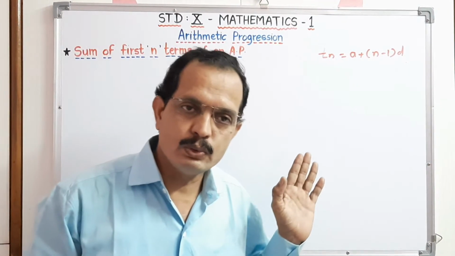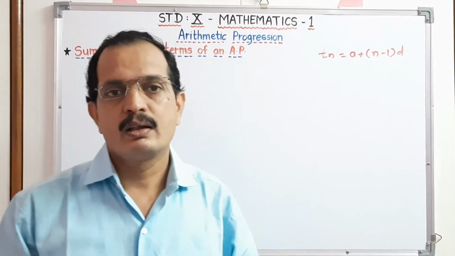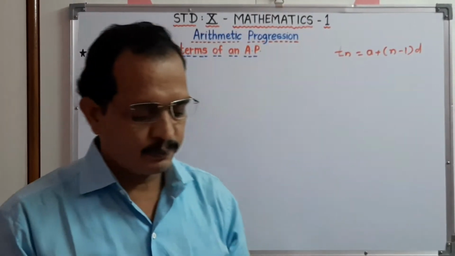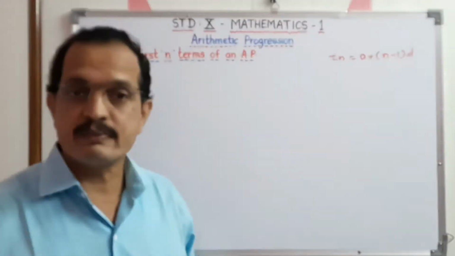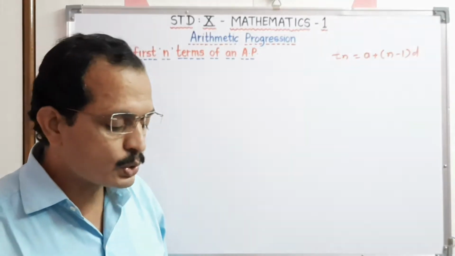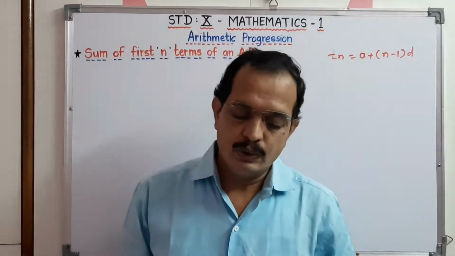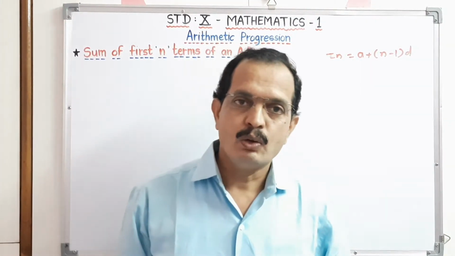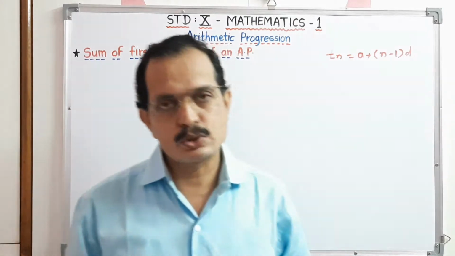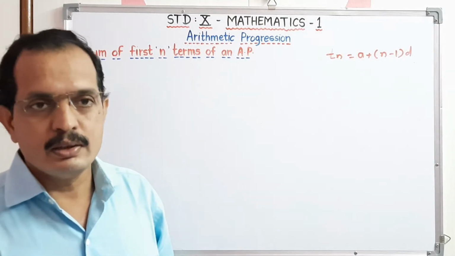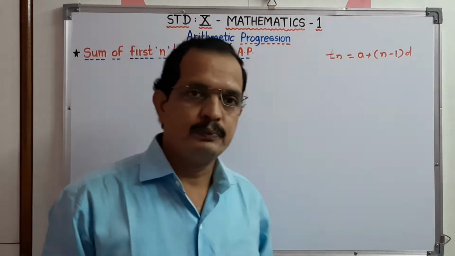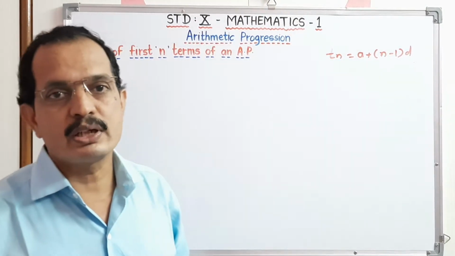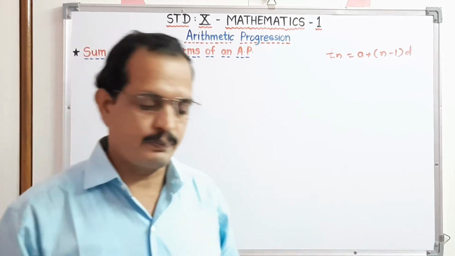Before going to that formula, in your textbook on page number 67, one story of the wise teacher is given. Go through that story. The aim of that story is to distinguish between arithmetic progression and geometric progression.